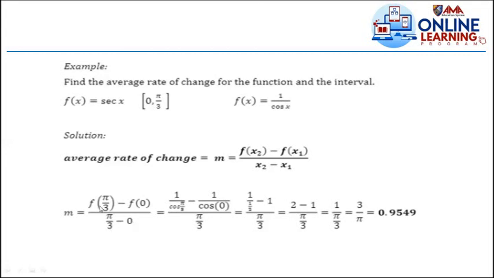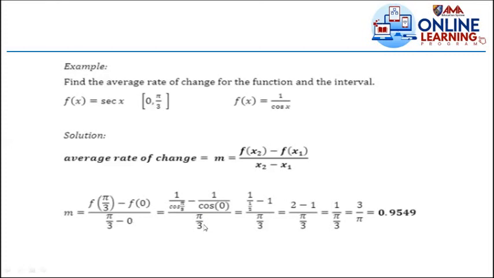Then, we have x2, pi over 3, minus 0. So, if we substitute this into our given equation, f of x is equal to 1 over cosine x. So we have 1 over cosine of pi over 3, minus 1 over cosine 0, divided by pi over 3.